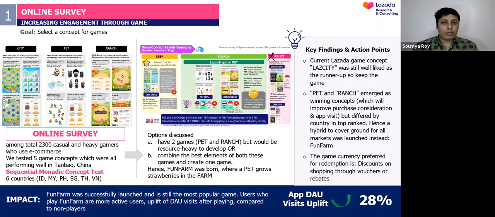That is how Fun Farm was born, where a pet grows strawberries in the farm. It is still the most popular game, and it actually increased the daily average usage compared to non-players. So players participated more in browsing and buying from Lazada and visiting daily.